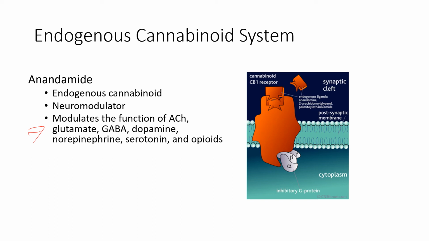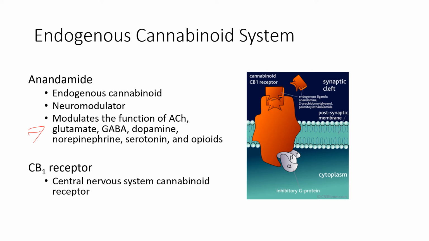It modulates all of those. And the main receptor is CB1, and CB1 is the one that cannabis, weed, the component of that, which is THC, acts on.